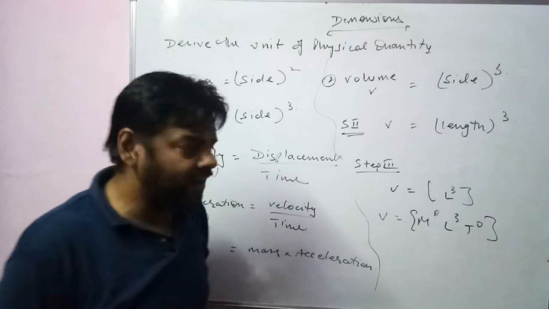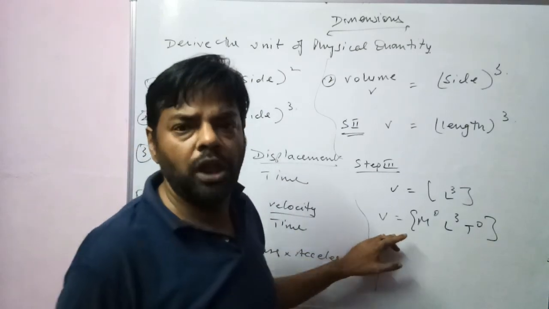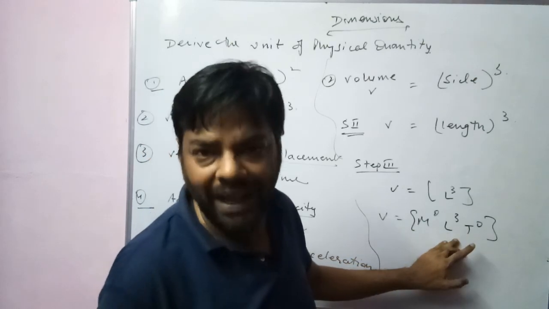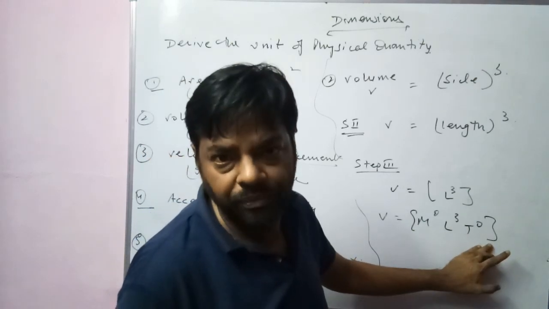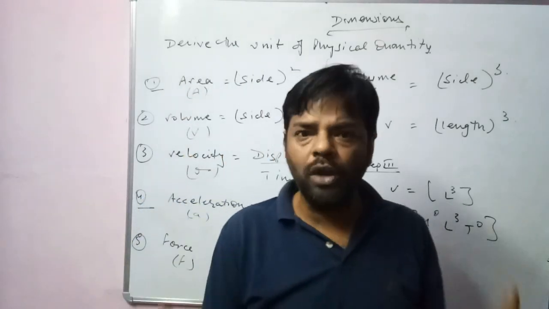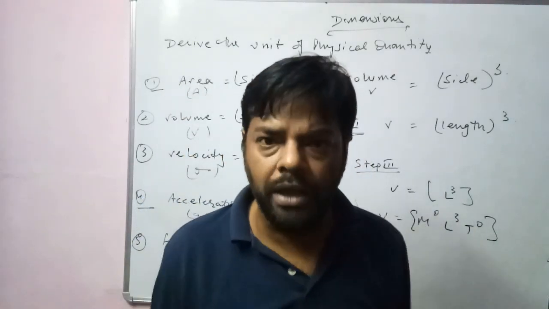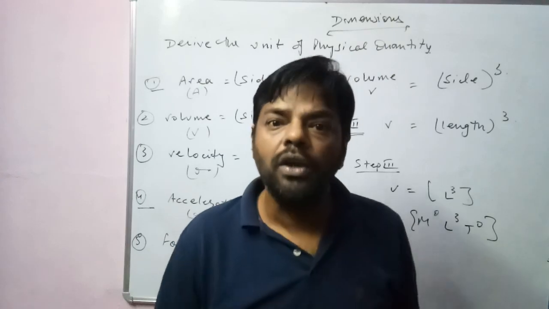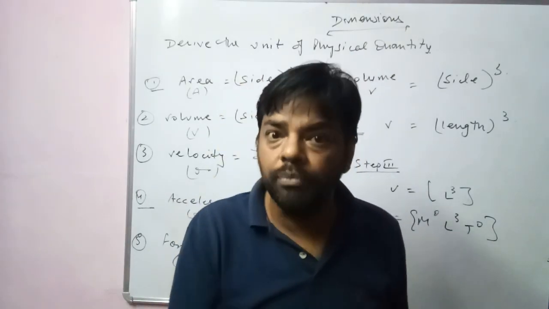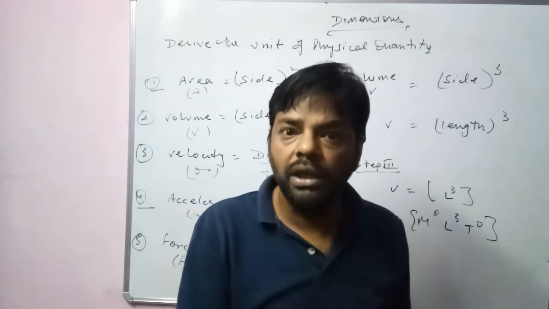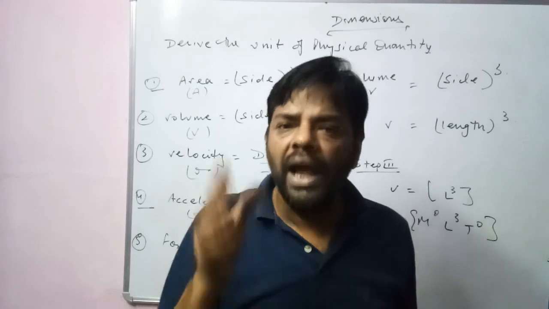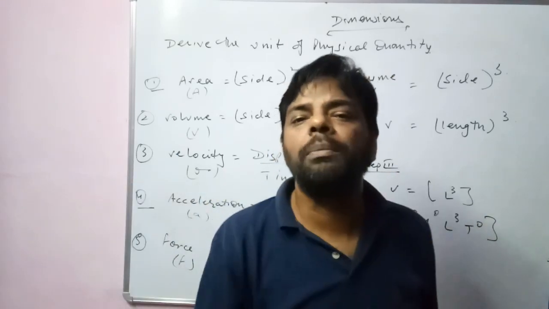How are we going to read it? We are going to read it as: volume has 0 dimensions in mass, 3 dimensions in length, and 0 dimensions in time. That means while calculating volume, we are not required with mass, we are not required with time, but we require 3 similar or different lengths, and those lengths are to be multiplied with each other.